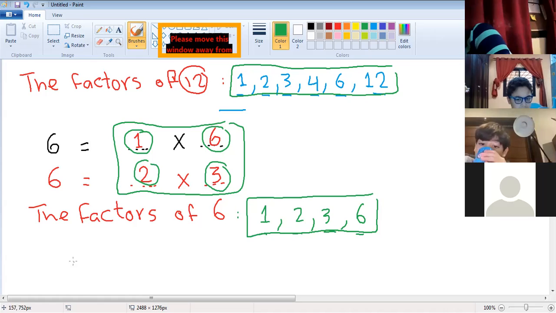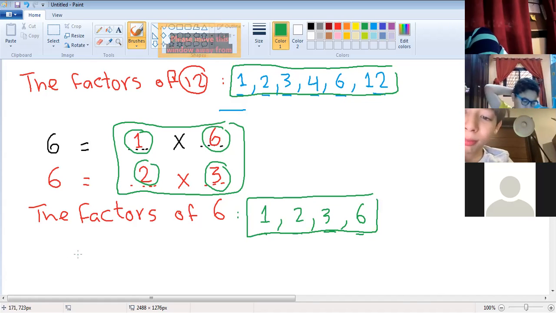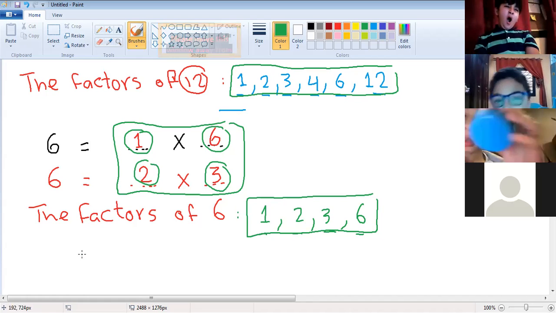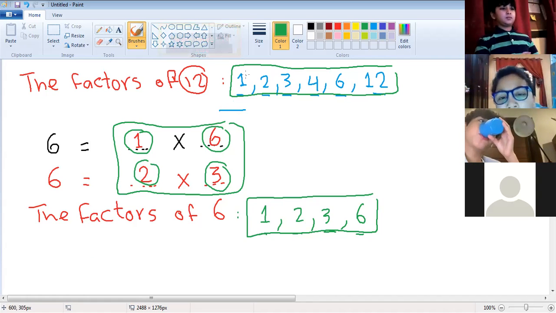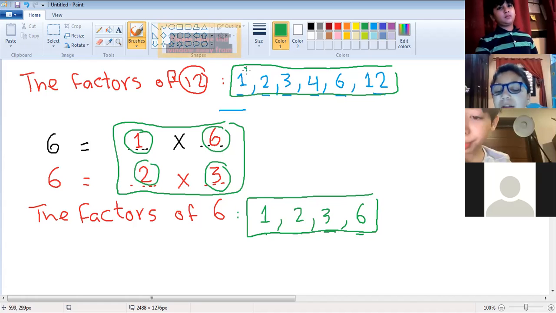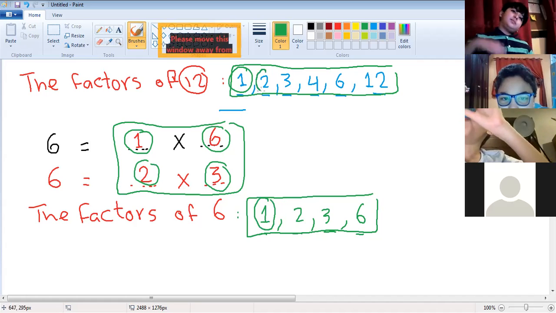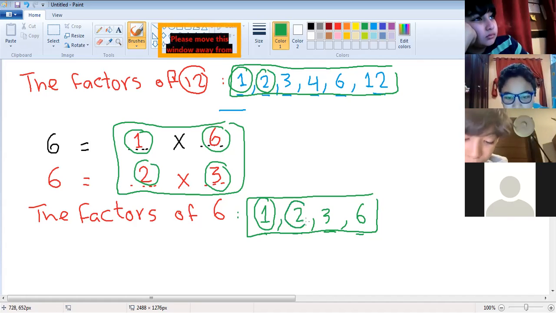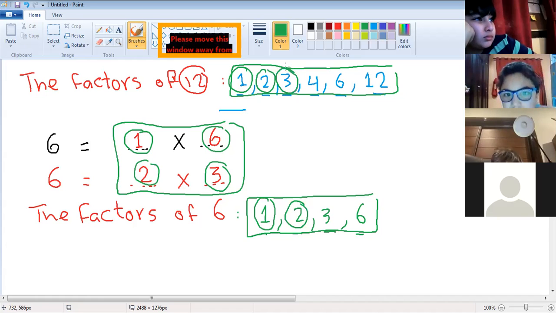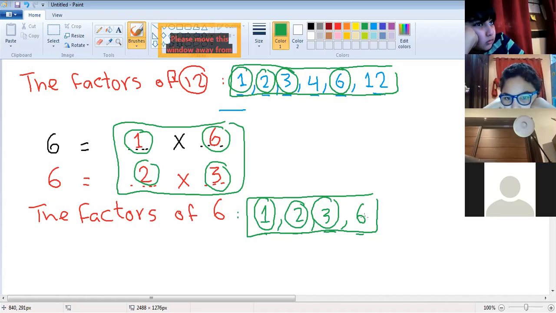So if I ask you to find the common factor between any two numbers, you have to find the common numbers between them. 1, yes, they are the same. 2, and down we have 2. 3, 3. 4, do we have 4 up and down? No. Do we have 6 up and down? Yeah, 6.